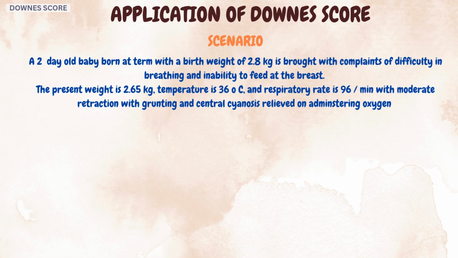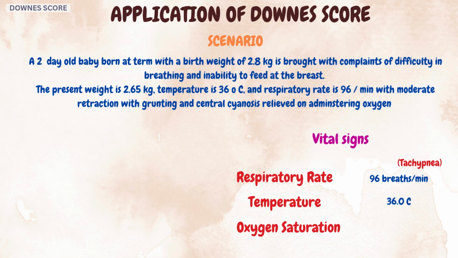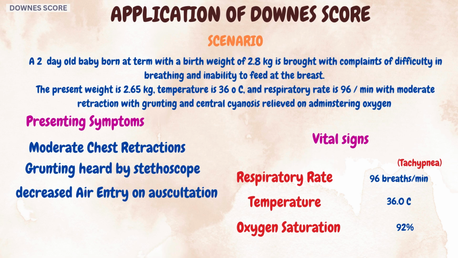On assessing the vital signs, temperature is 36 degrees Celsius, respiratory rate is 96 breaths per minute, and oxygen saturation is 92%. The newborn presents with moderate chest retractions, grunting heard by stethoscope, decreased air entry on auscultation, nasal flaring and central cyanosis.